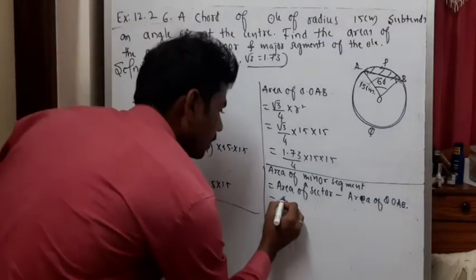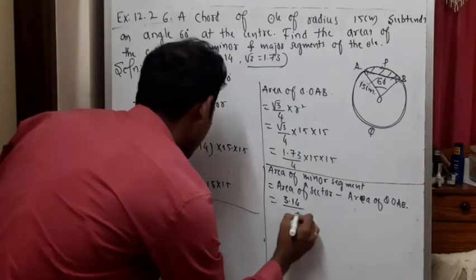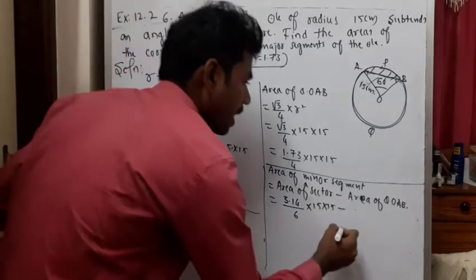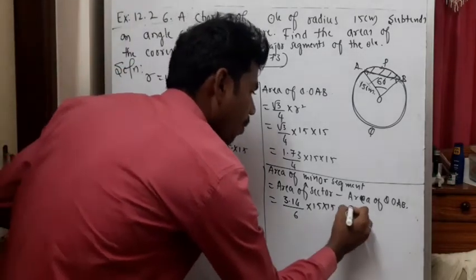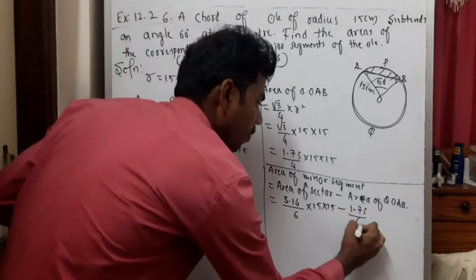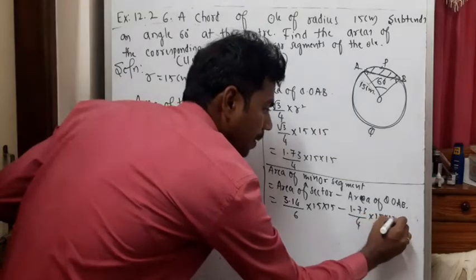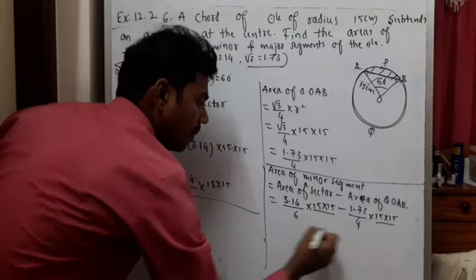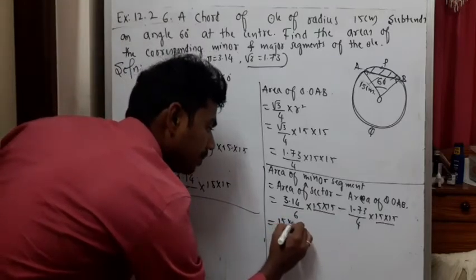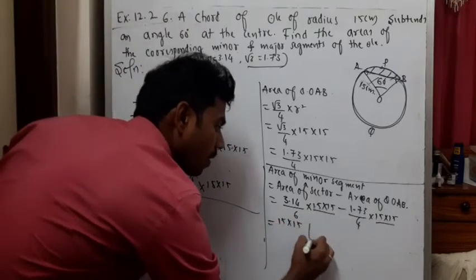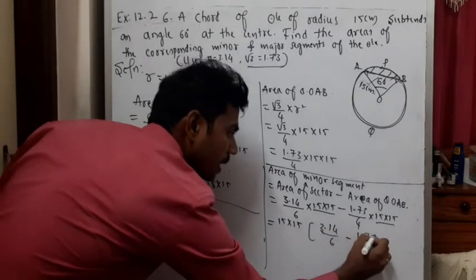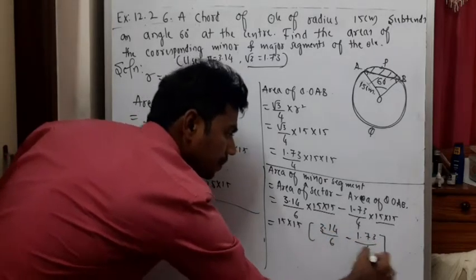That is 3.14 divided by 6 into 15 into 15, minus the area of triangle AOB, that is 1.73 divided by 4 into 15 into 15. Okay, now what is common? 15 into 15 is common here, I'll take it out. Then what are we left with? 3.14 divided by 6 minus 1.73 divided by 4.